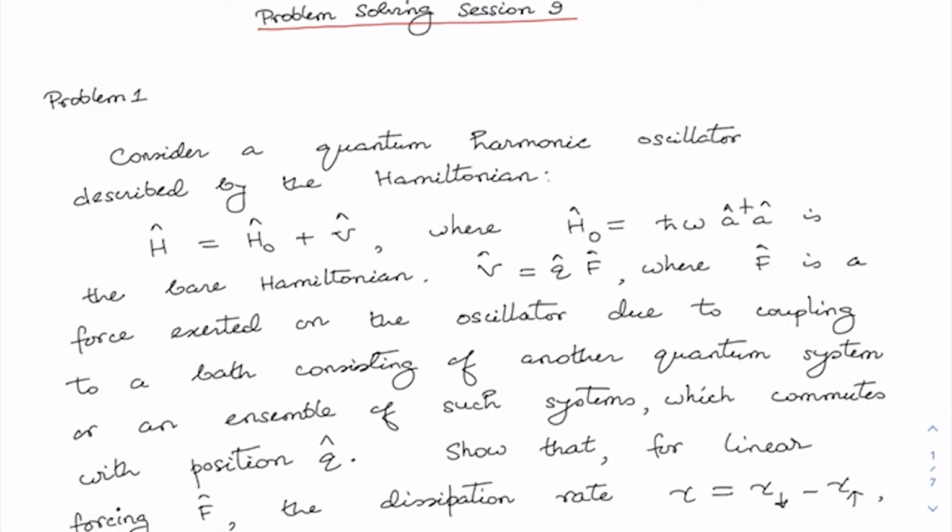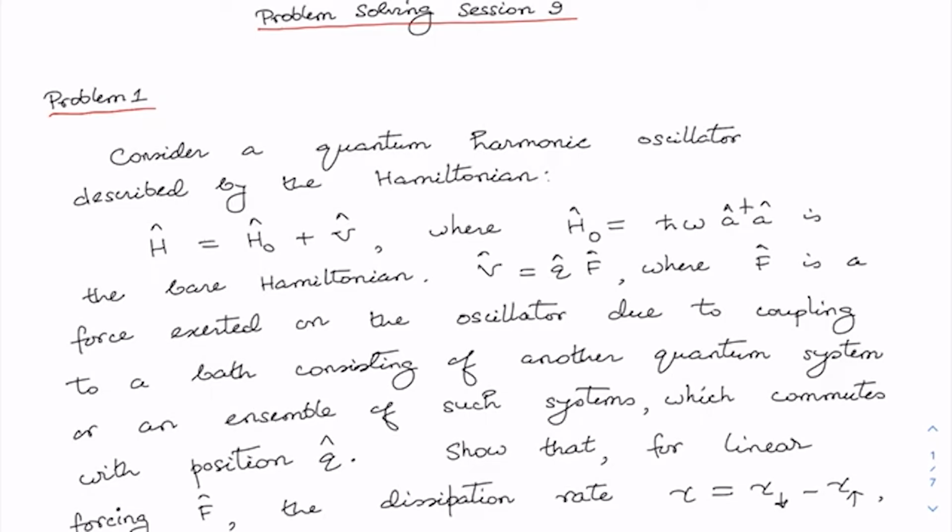Now the first problem: consider a quantum harmonic oscillator described by the Hamiltonian H equals H0 plus V, where H0 equals h-bar omega a dagger a is the bare Hamiltonian. I have not written the plus half here because that's a constant.